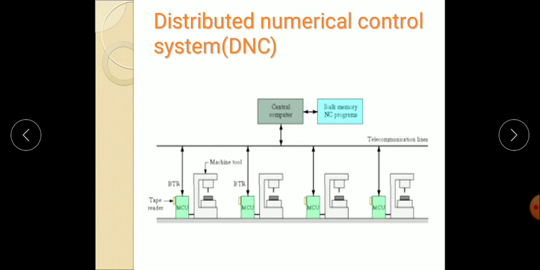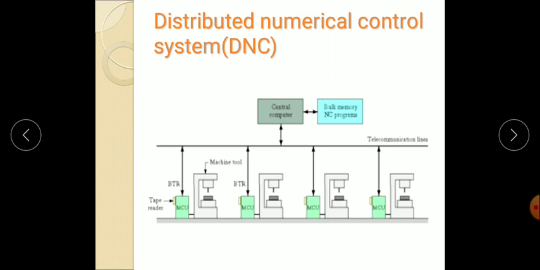So in some cases, when the memory is too small, the program is stored in a separate drive. Then from that drive, it is sent to the central computer. Then the central computer passes it to the different machine tools for the operations to be carried out. So this DNC system is nothing but controlling all the machines from the central location.